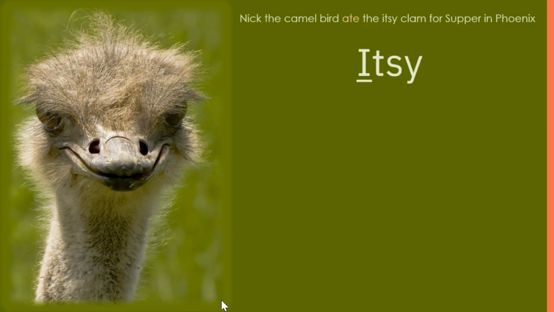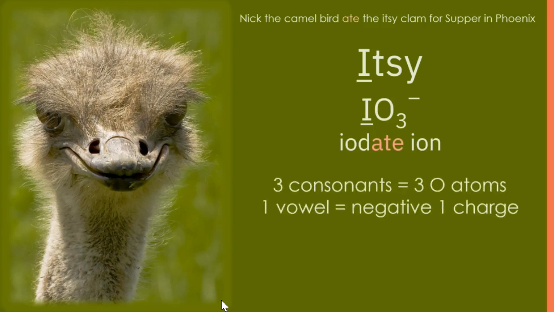Next, itsy. Nick the camel bird ate the itsy clam for supper in Phoenix. Itsy starts with I, as does iodate. The iodate ion has 3 oxygens, and itsy has 3 consonants. Now remember, the vowels are only A, E, I, O, and U. We're not using Y as a vowel in this case.